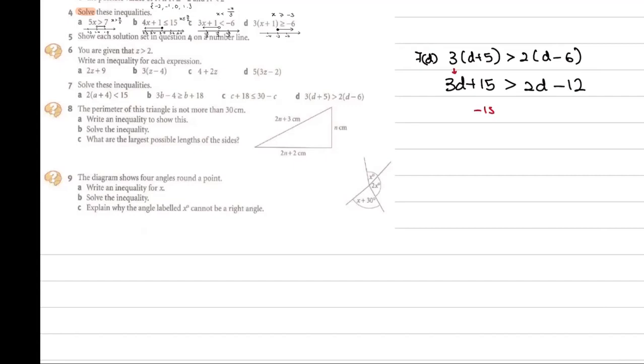So minus 15, minus 15. We are going to get 3D more than 2D minus 27. And then we're going to remove the 2D here. Minus 2D, minus 2D. D is more than negative 27. That's it. That's the answer.